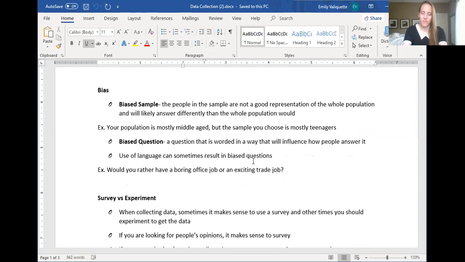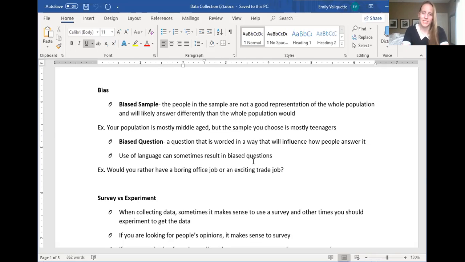So for example, if you were doing a survey on our school population and the sample that you chose was only grade 9 boys, that is not a very representative sample. It would be very biased. It wouldn't take into account anything that girls might have as different opinions or anything some of the older students or the teachers might have for opinions, that sort of thing.